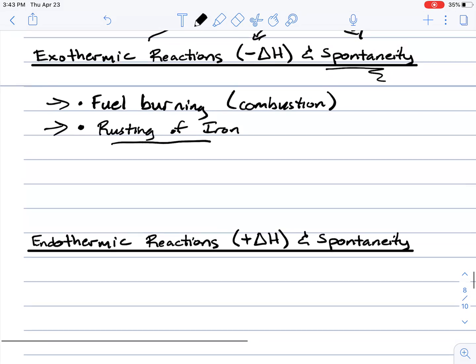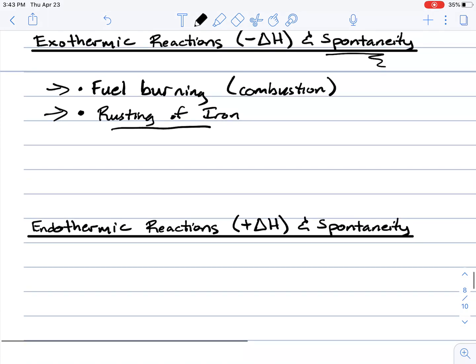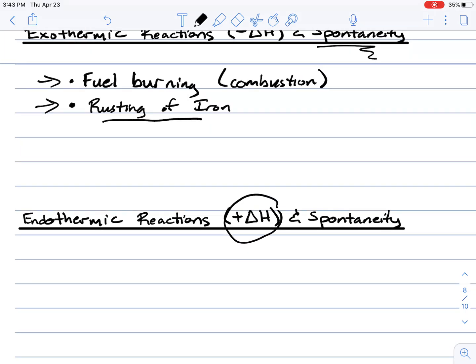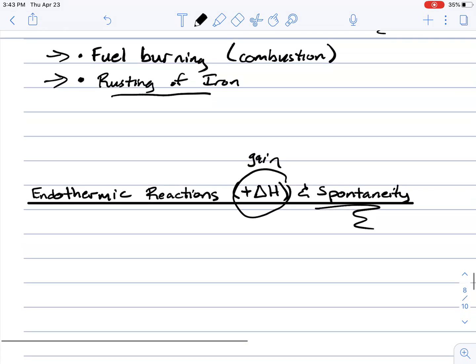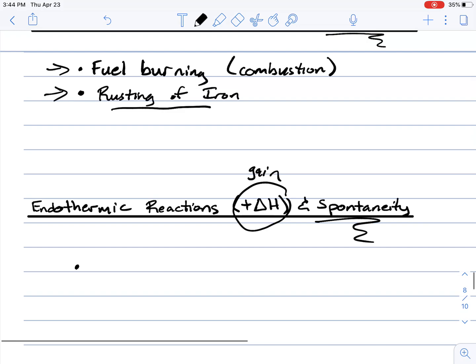So let's go ahead and look at endothermic reactions. Let's think about chemical reactions that would require a gain of heat, but still be spontaneous. One example that I've used in the past two lectures is the idea of an ice cube melting.